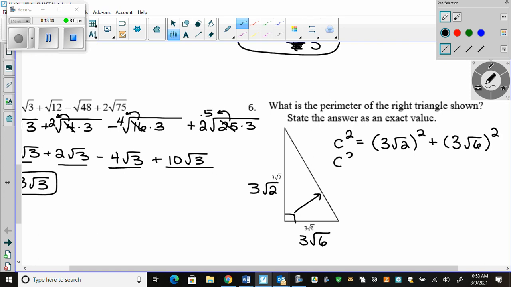So c squared equals, I square the front and square the root, right? So it's going to be 9, and then root 2 squared is just 2. The square root cancels out. Plus 3 squared is 9, and then you square the square root 6. So I'm going to get c squared equals 18 plus 54. C squared equals 72.